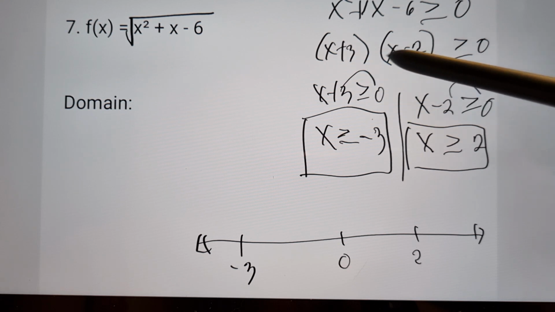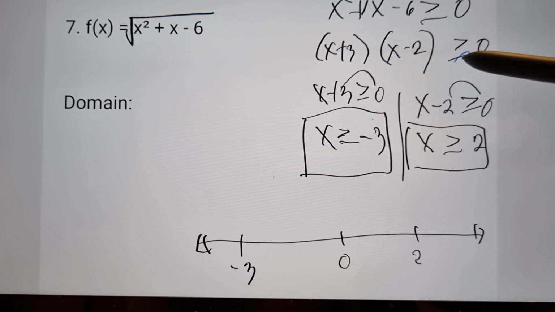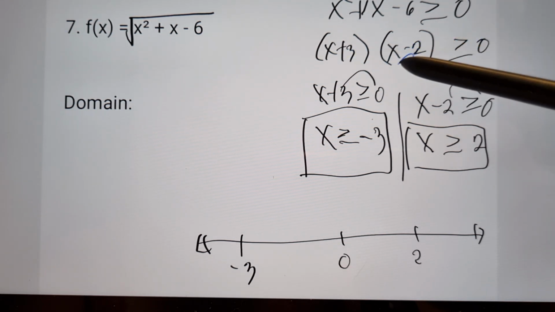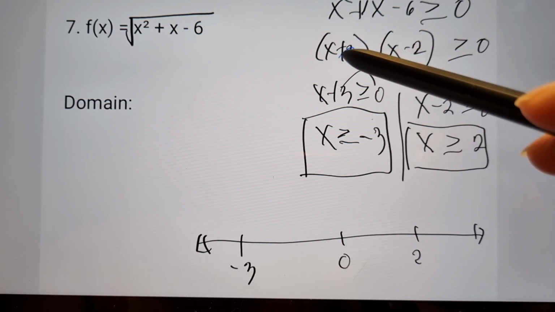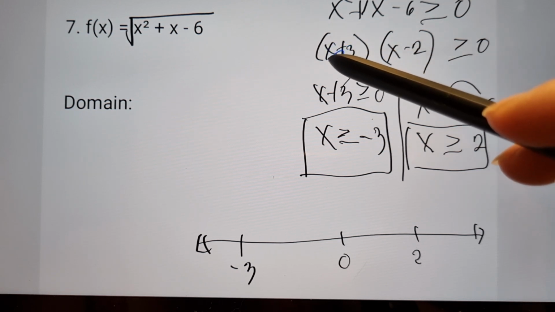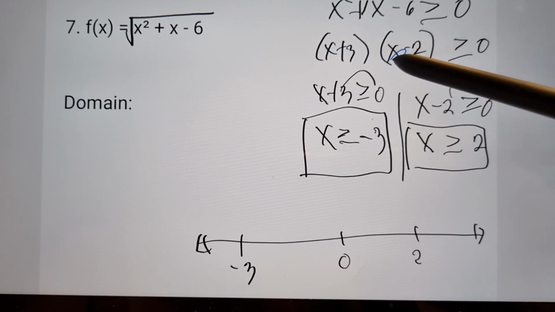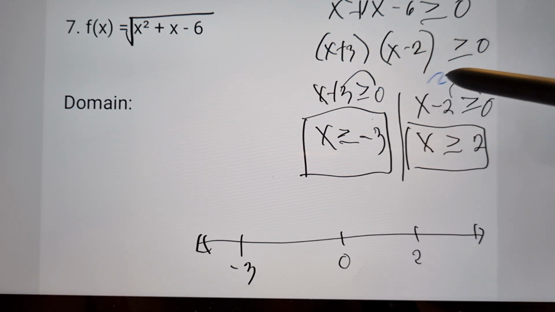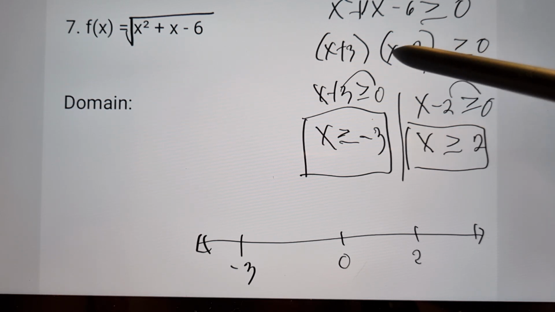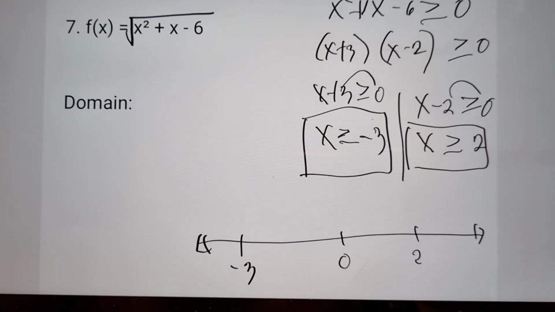So pag negative na ang sagot dito, ibig sabihin, mali na siya. Hindi na siya magiging greater than or equal to 0. So ibig sabihin, i-avoid natin yung values ng x na kung saan pag sinubstitute natin dito ang x ay magiging negative ang sagot pag minultiply natin. Kasi kung negative siya, hindi siya greater than or equal to 0.